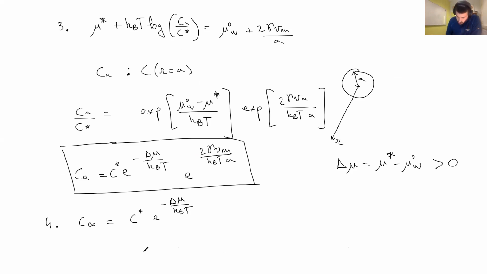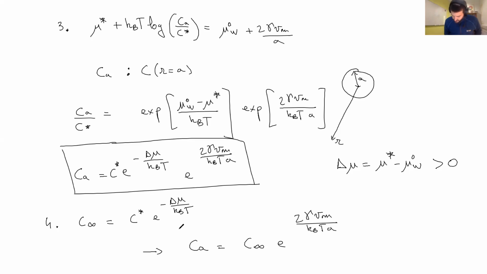Okay, so this is interesting because it means I don't really care about this prefactor here. I can just say that the concentration at point A is just the concentration at infinity, meaning if you had a droplet that was very big, and a correction due to the finite size of the droplet. And you put all the unknown into C infinity.